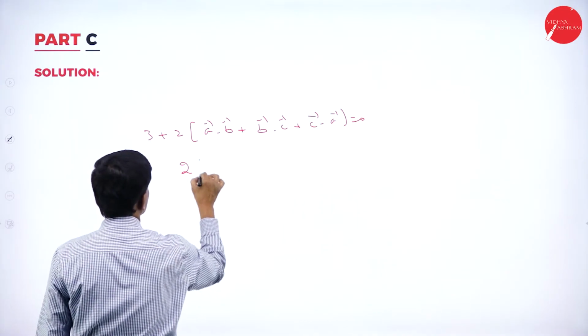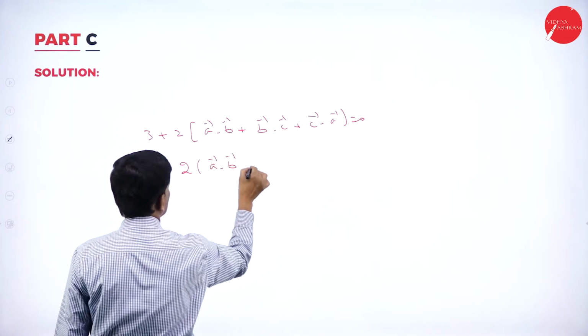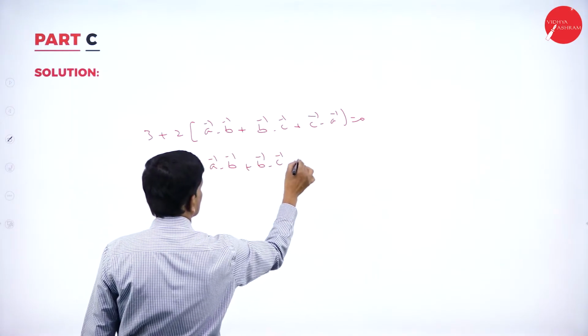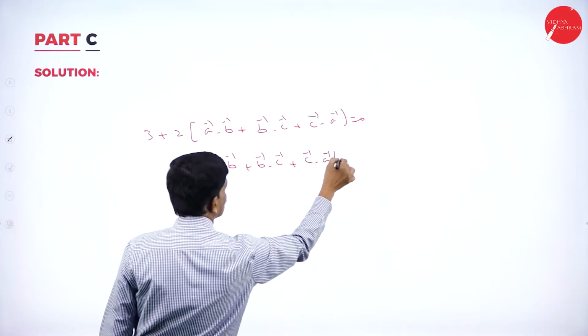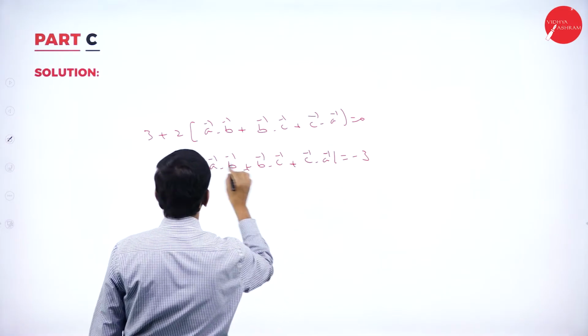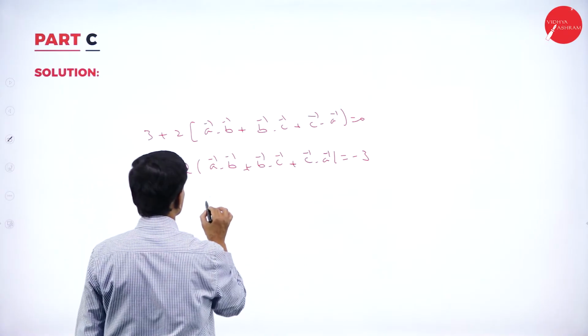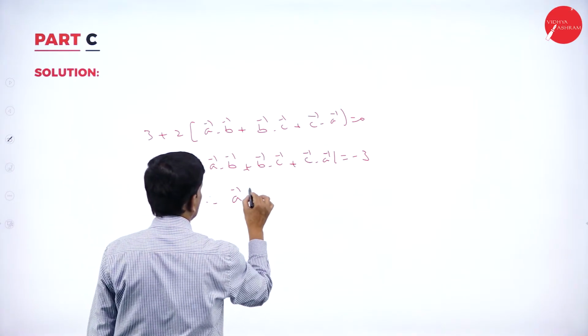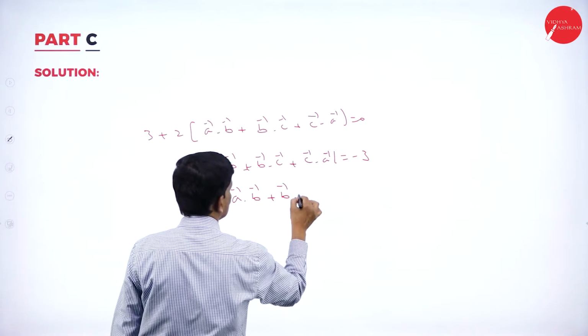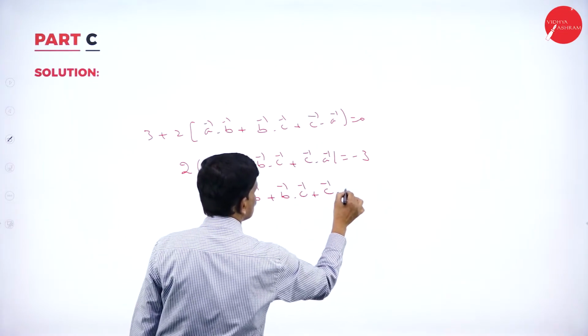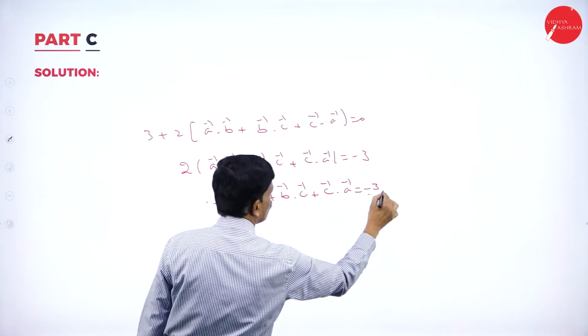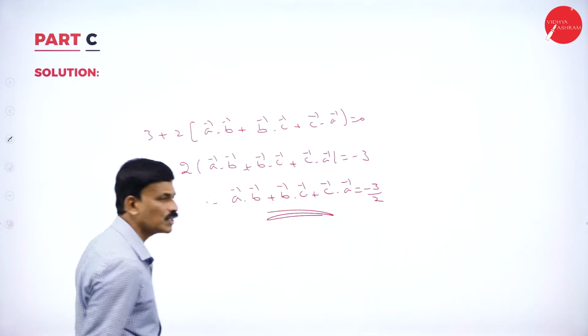Transfer this. Therefore 2 times a dot b plus b dot c plus c dot a is equal to minus 3. Transfer this plus 3 to the right hand side, it becomes minus 3, and bring this to the denominator. So therefore a dot b plus b dot c plus c dot a is equal to minus 3 by 2, which is the required answer.